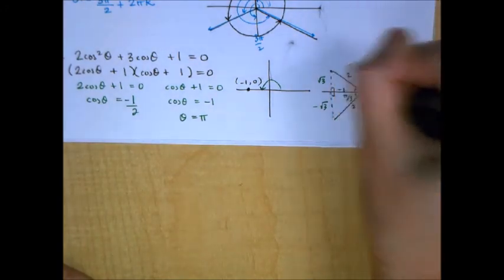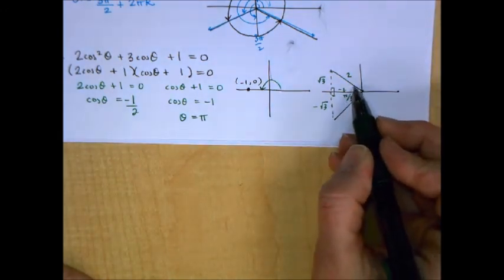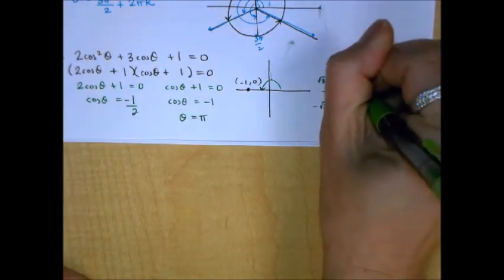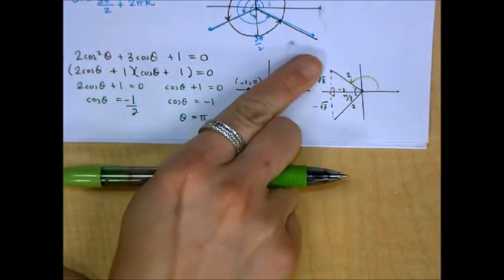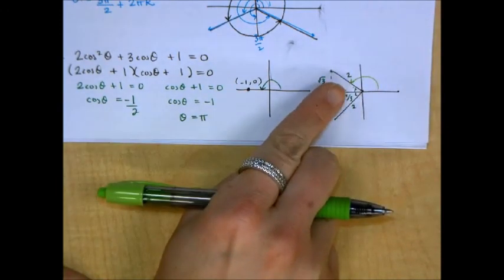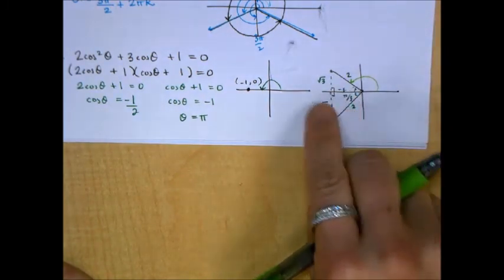So pi over 3 here, we're looking at the angle pi over 3 before we get to pi. So this is 2 pi over 3. And then we want to pass pi by pi over 3. So pi plus pi over 3 is 4 pi over 3.